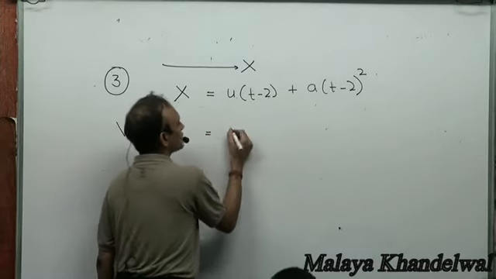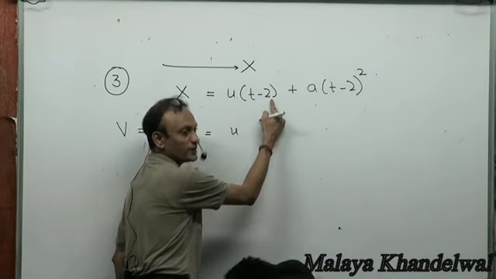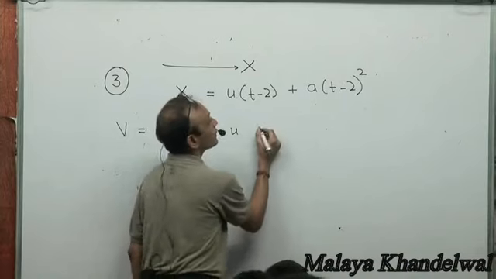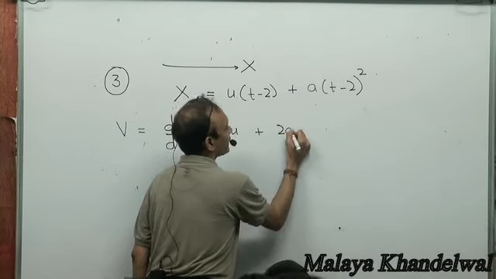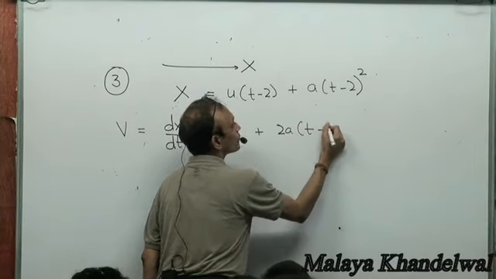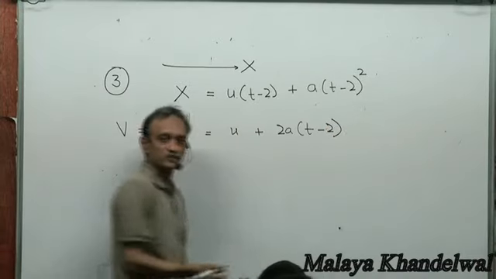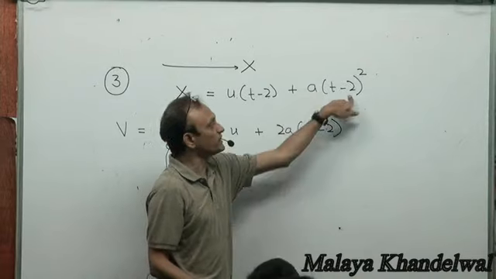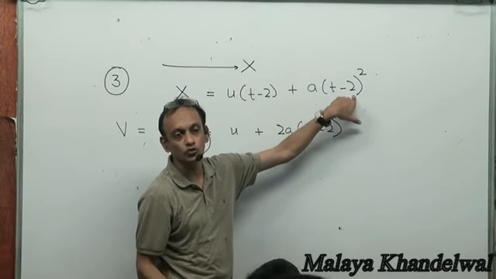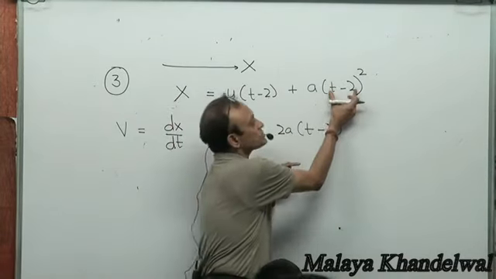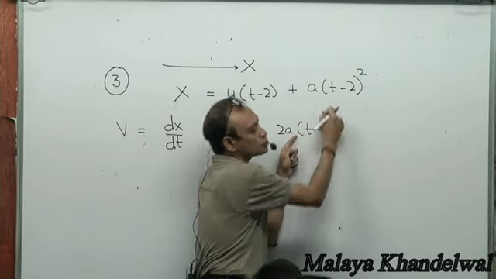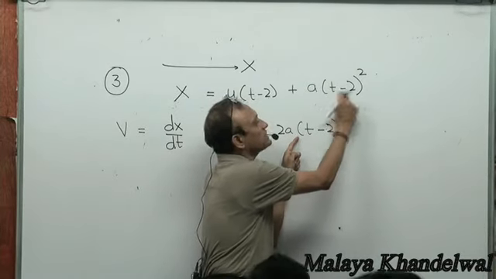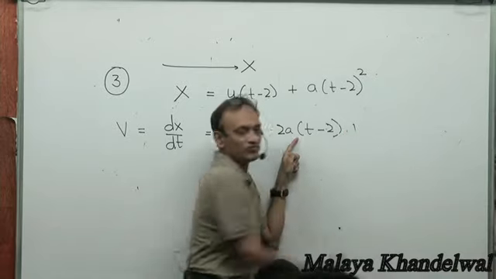So I differentiate: the derivative of u into t minus 2 will be u, yes or no? Plus 2a into t minus 2. Do you realize what I did here? a is a constant, so the derivative of t minus 2 whole squared with respect to t, from the chain rule, with respect to t minus 2, is going to be 2 into t minus 2, and t minus 2 with respect to t is going to be 1.